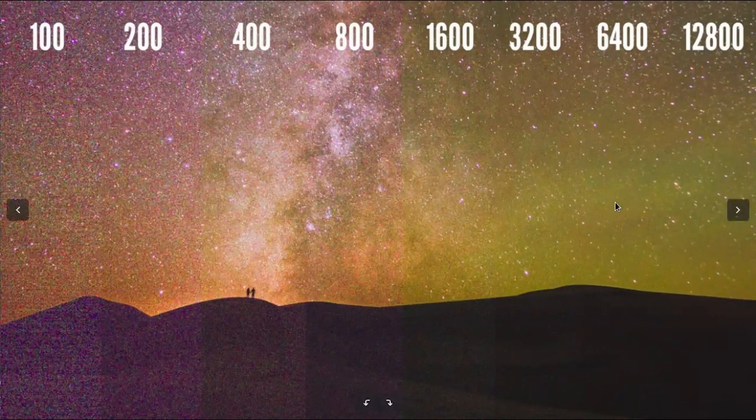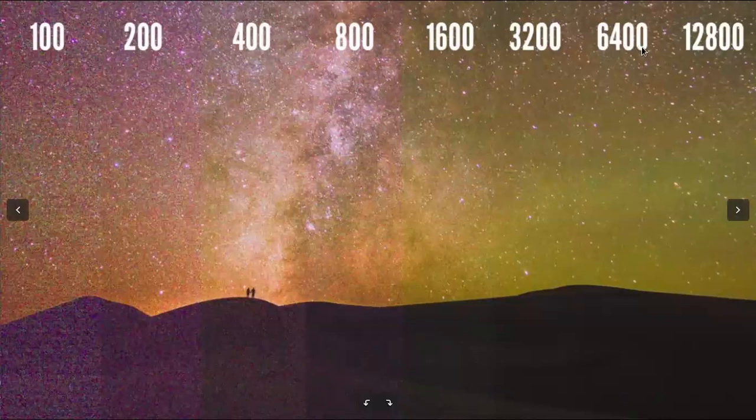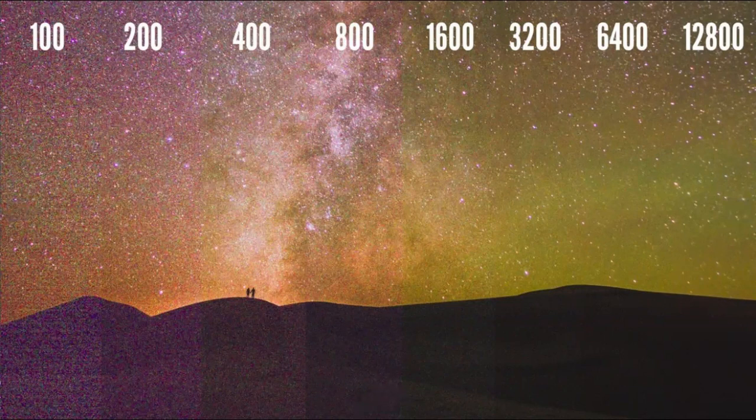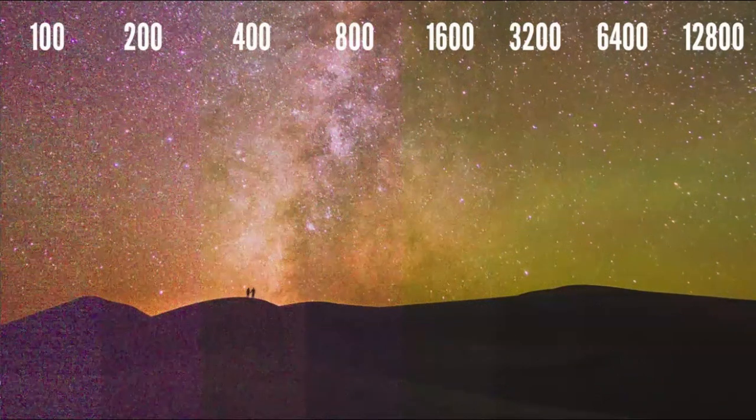So depending upon the lighting situation, we may not be going for 100. We may not also be going for 6400 or something like that, but we will have to select between 100 and 1200, somewhere maybe 400 or 800 or 1600, where the exposure is proper, as well as the noise that we are getting in the photo or image is acceptable.